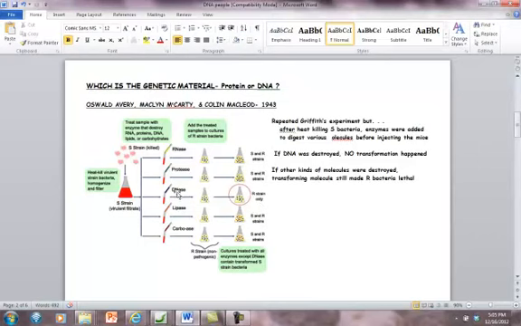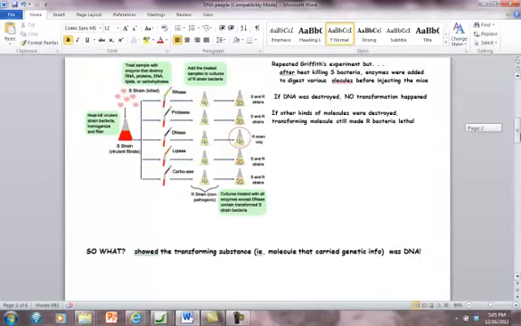If he destroyed the DNA, the transformation did not happen and the mice lived. If he destroyed these other molecules, as long as the DNA was present, the information was still able to pass to the live bacteria and cause that transformation. It suggested that DNA was our information molecule, our genetic code molecule.